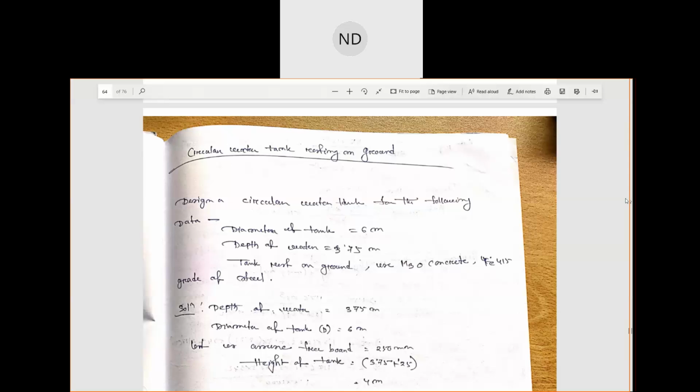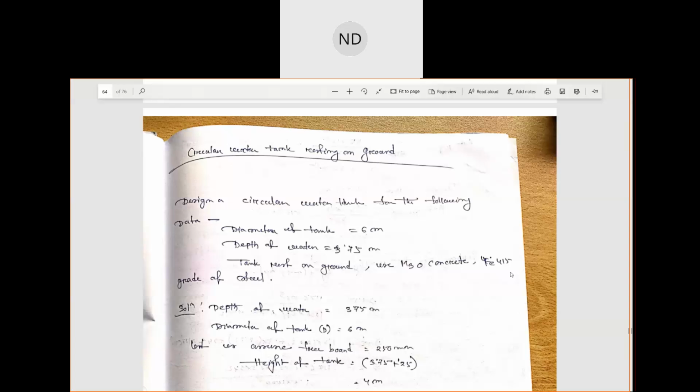Now let us do the solution. Here you will see the depth of the water is given to us, 3.75 meter.